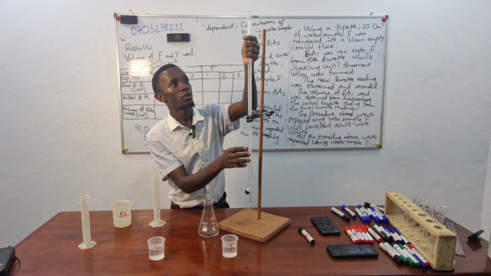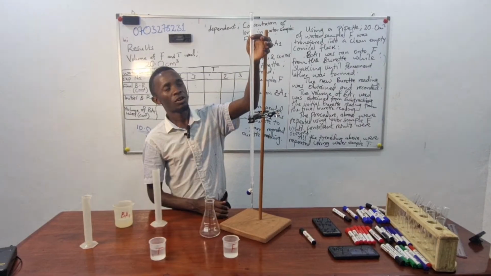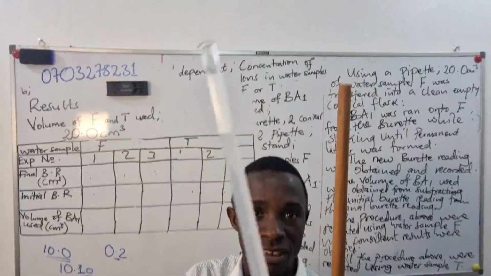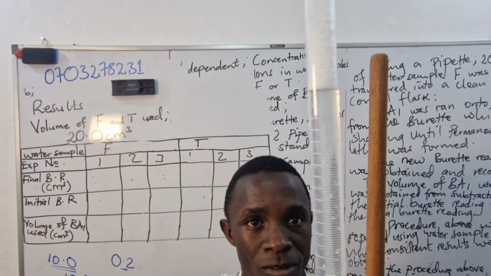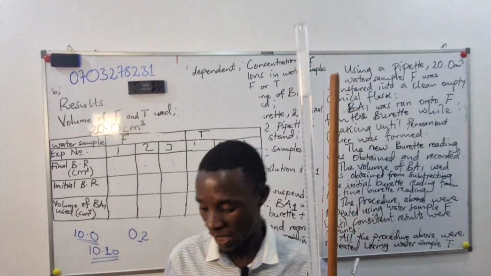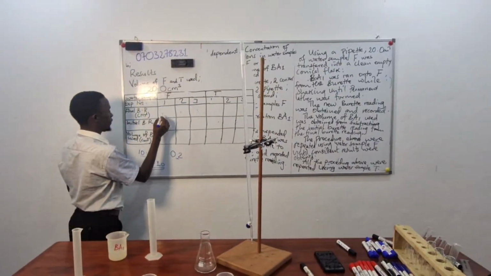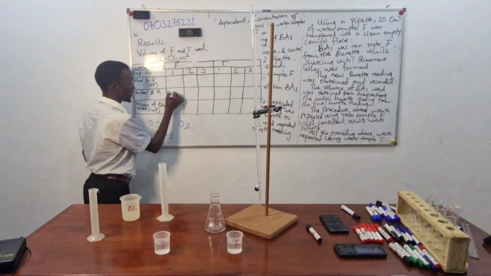This is my 0.0. There it is. So this one becomes my initial burette reading. So my initial burette reading for this first one, for F, is 0.0.